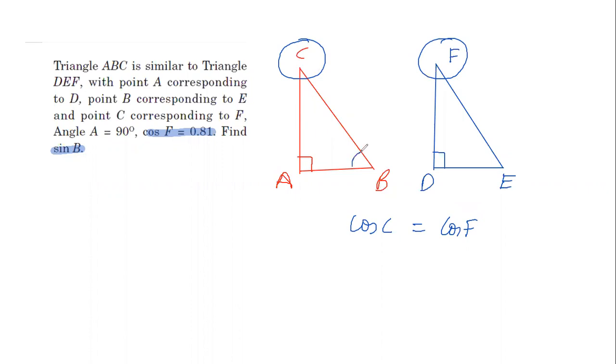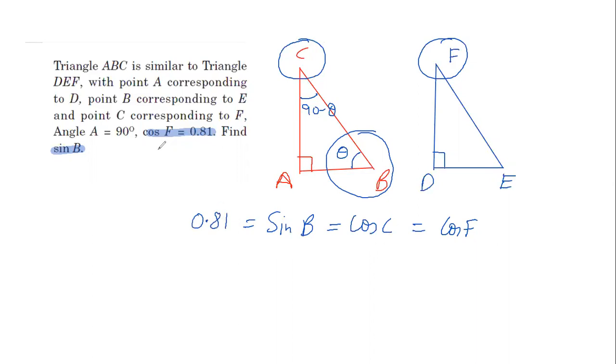Now if I say this angle is theta, this angle has to be 90 minus theta. They are complementary angles, and I know that sines and cosines of complementary angles are equal. So can I say that cos of C is nothing but equal to sine of this angle B? So I can directly say that cos of C is equal to sine of B. And eventually all these values are equal, which is already given to me in the question, so 0.81.